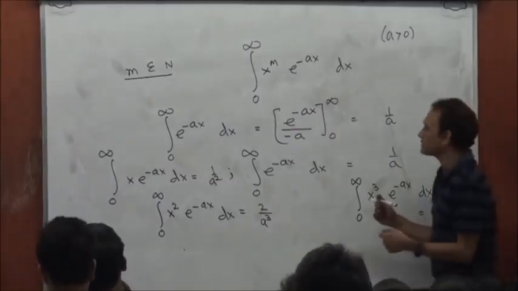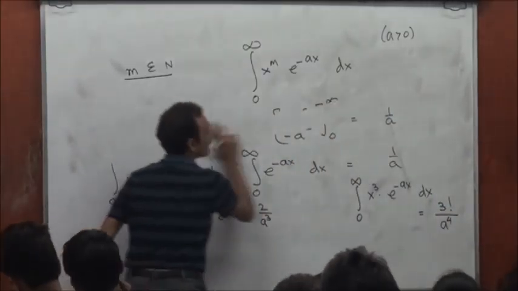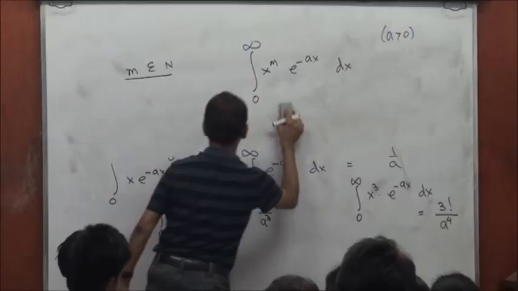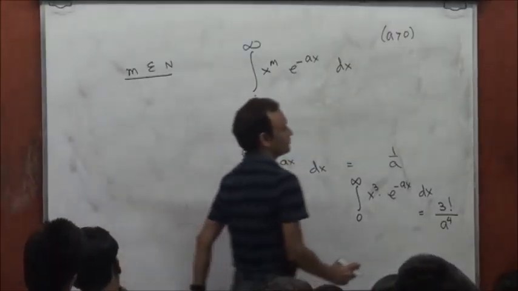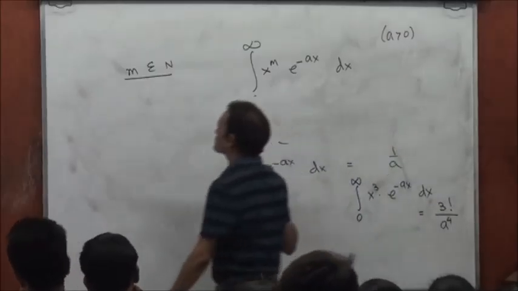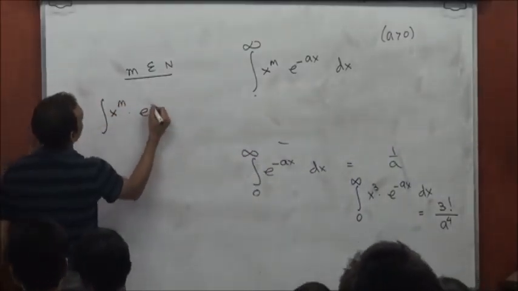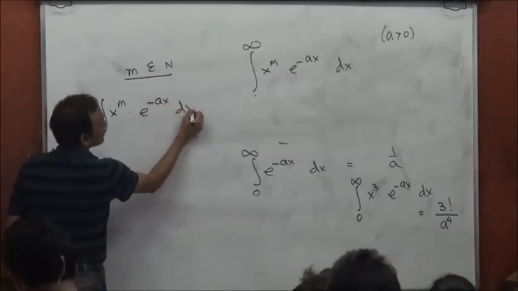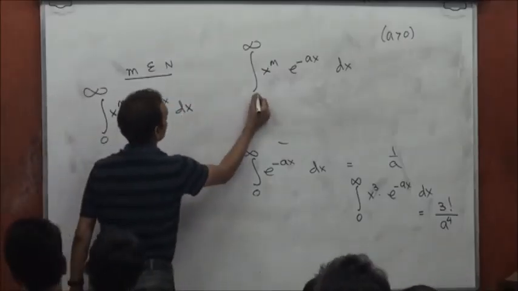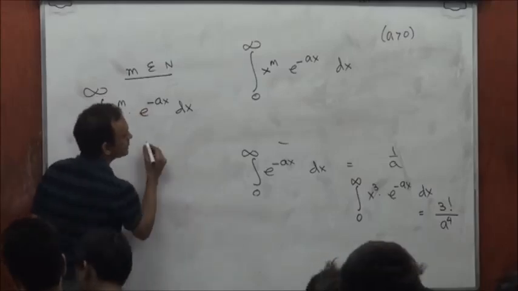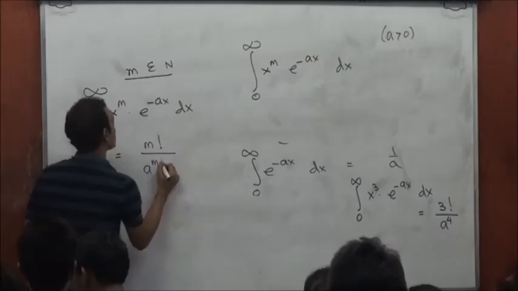And if you keep going like this, then eventually, inductively, you would end up getting, if you differentiated m times, the integral of x power m e power minus ax dx from 0 to infinity equals m factorial by a power m plus 1.